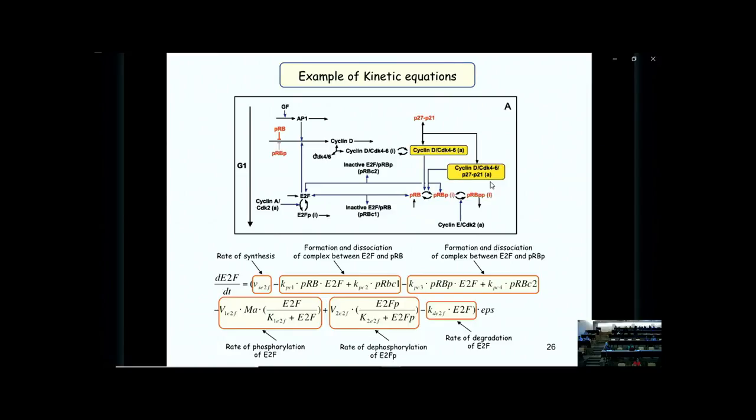So because of its complexity, the system contains no less than 39 variables. Now, the model for the embryonic cell cycle contained 3 variables. Now we are dealing with 39 variables.